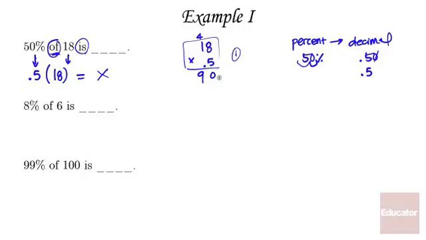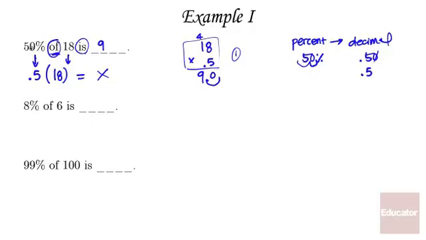So starting right here, you're going to go inwards 1. So my answer is going to be 9.0 or 9. 9.0 and 9 is the same thing, right? Again, 0 is at the end of a number behind the decimal point, so you can just drop it. So 9. So 50% of 18 is 9.